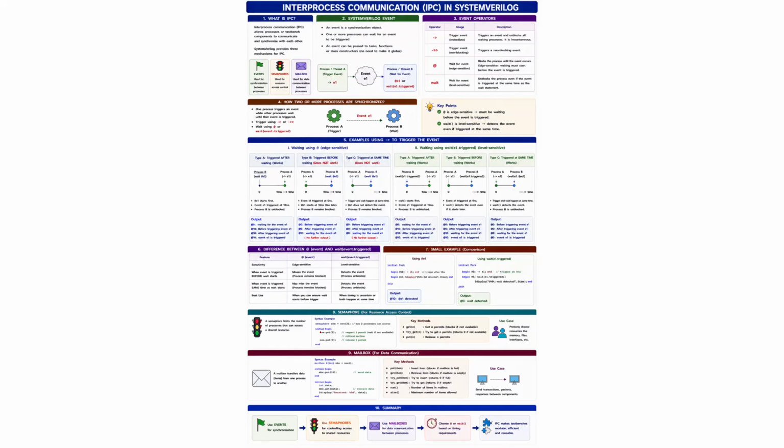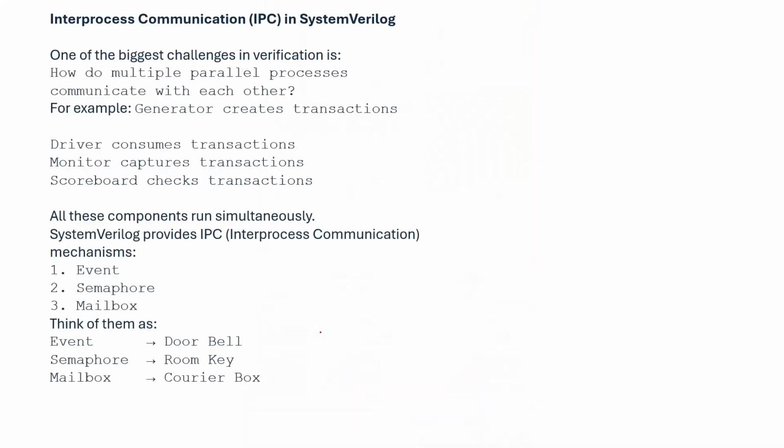Semaphores are used for synchronization purposes, and events are also for synchronization. A mailbox is used to communicate between two components. In our test bench, the driver, generator and all these things are there. To communicate between these two components we need a communicator, so we use a mailbox.